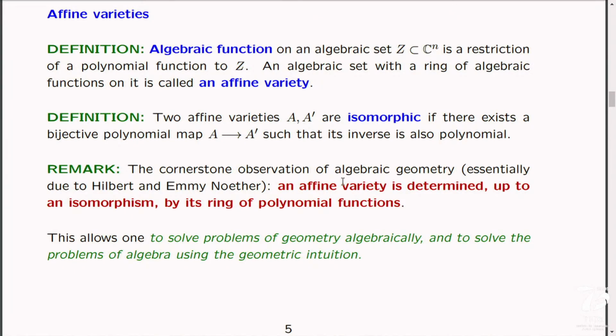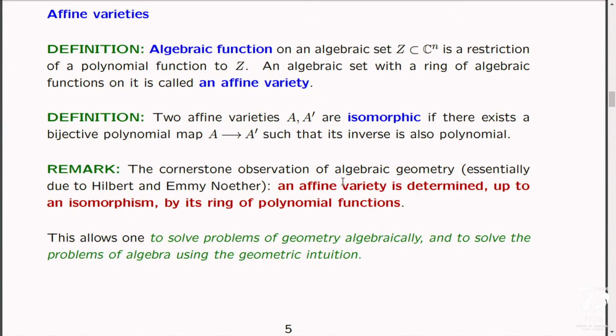Today I'm not going to explain that in more detail, but I'm going to build up to this idea slowly. And you can solve problems of geometry algebraically.